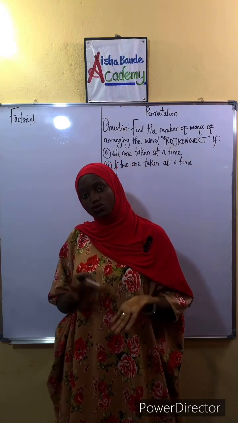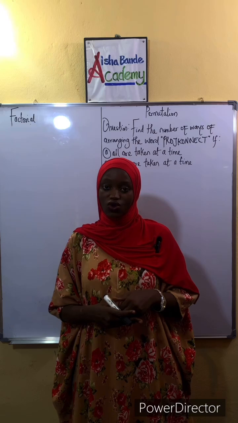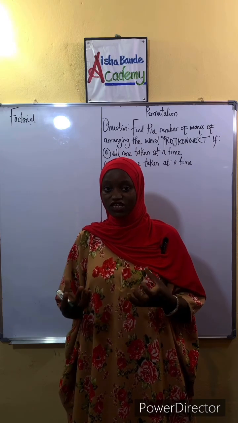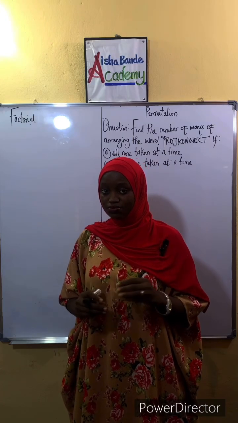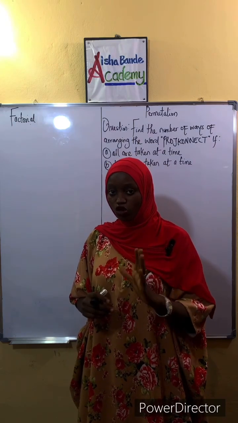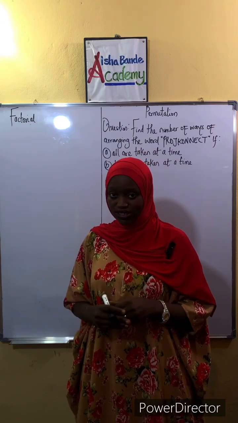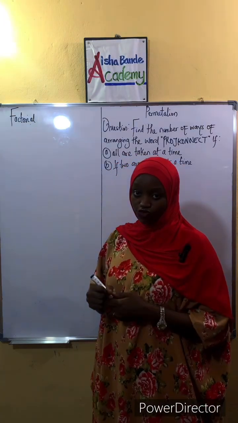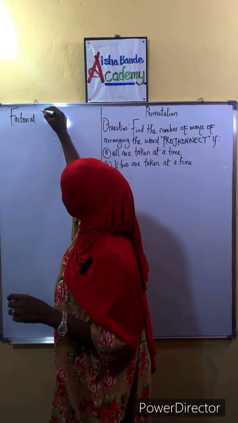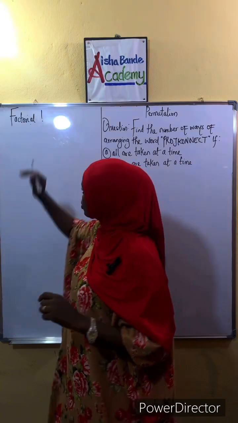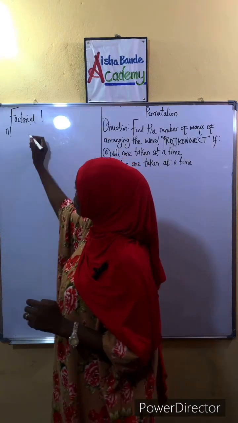Factorial is the product of positive integers which are less than or equal to a given positive integer. Another thing we need to know under factorial is that the lowest factor of a number n under factorial is unity, and what we mean by unity is 1. Factorial has a symbol, and it is given as n factorial.